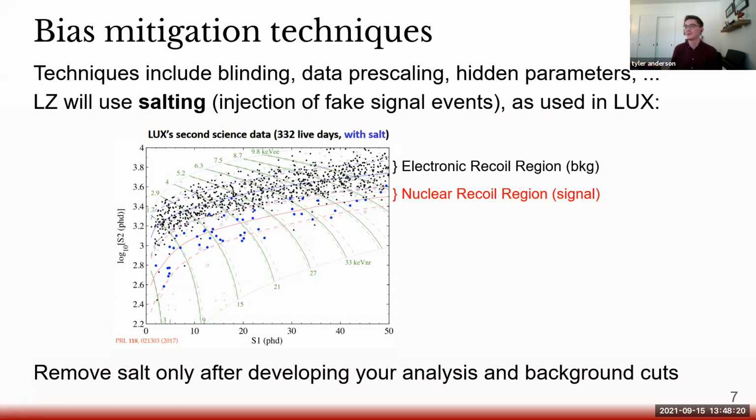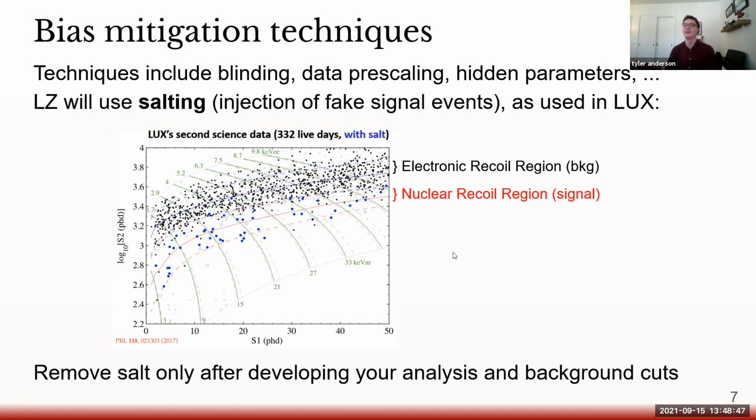This is something that was also used in LUX, and I have this nice picture to give a broad picture of what's going on with salting. This is our log S2 versus S1 parameter space where we do a lot of our WIMP search. Each dot represents an event. Most events fall in the electron recoil region, but WIMPs would fall in the NR region, and that's where the salt events in blue are placed.